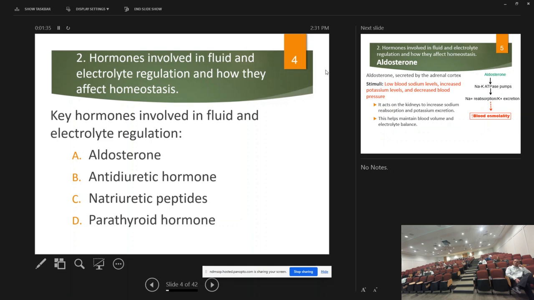We'll talk very little about the natriuretic peptide, and the parathyroid hormone will be discussed more in your calcium lecture by Dr. Hall. So I'll leave that for that discussion, but briefly we'll mention the parathyroid hormone. But basically we'll discuss the first three.